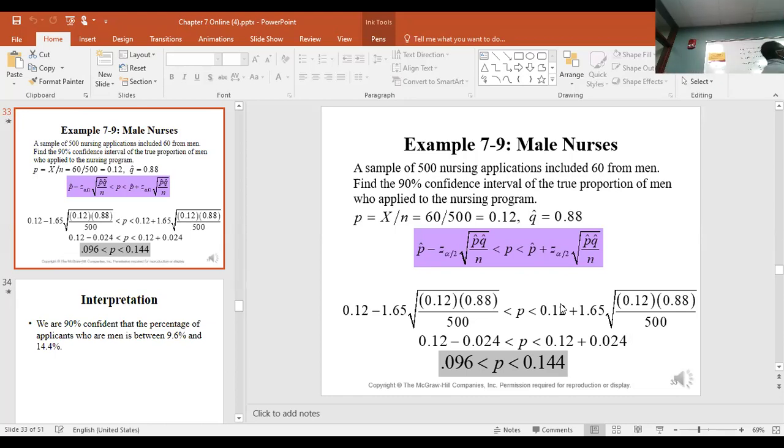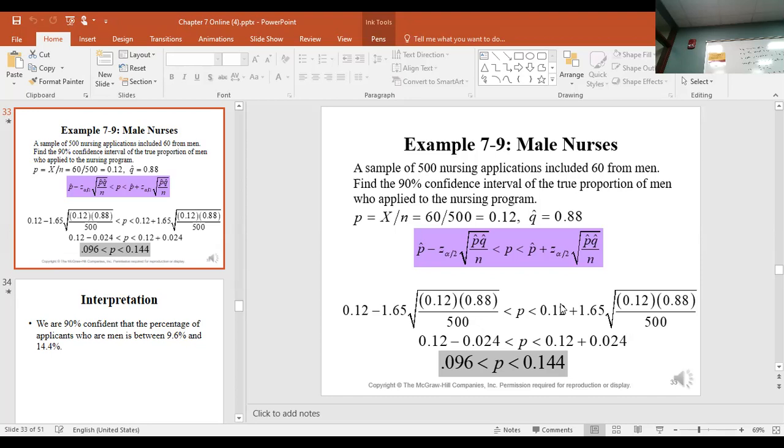So what is the sample proportion? What is n, the sample size? 500. What is the number of successes? 60. Find the sample proportion, 60 over 500.